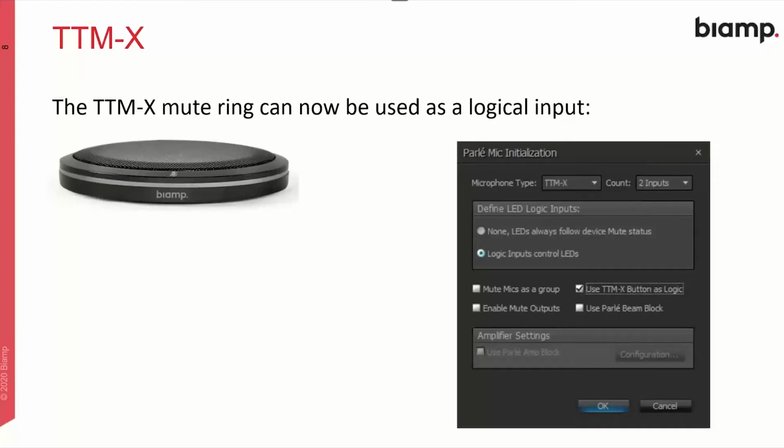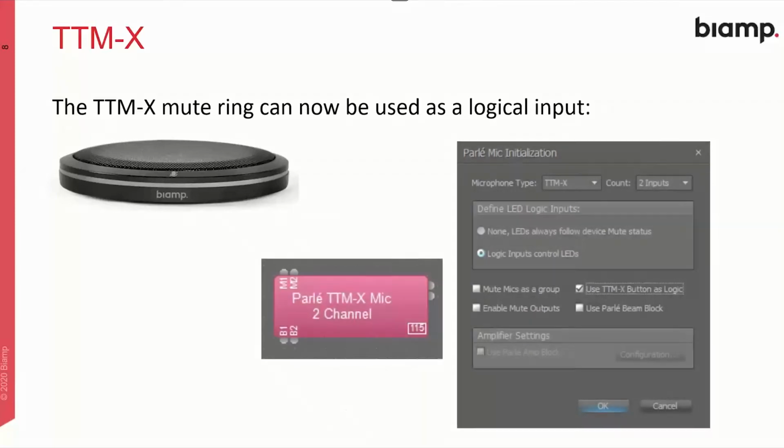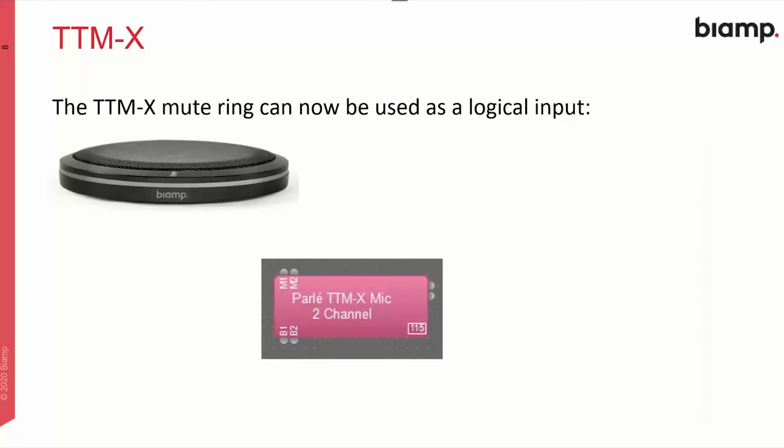And what that allows is the block now comes in with a B1 and a B2 on the bottom of the block, and that's button 1 and button 2, one logical output per respective microphone. Since this is a 2-channel or a 2 TTM-X block, we have a button for each mute ring.